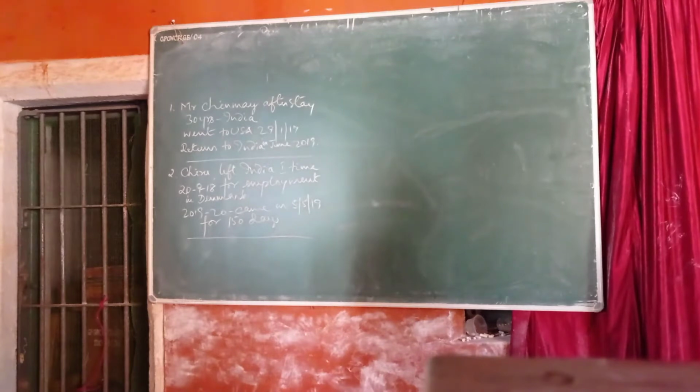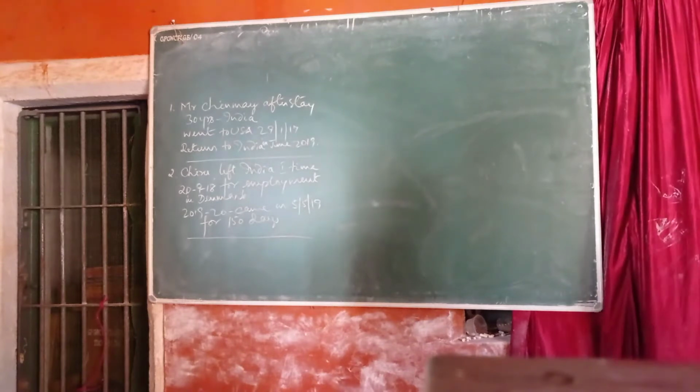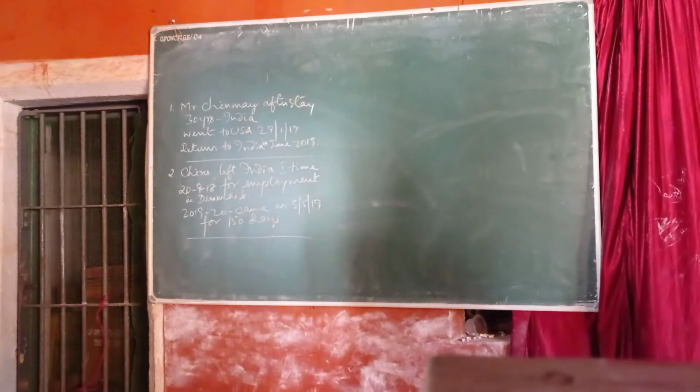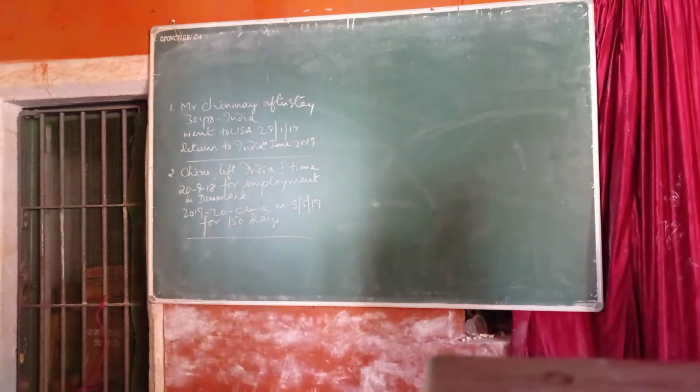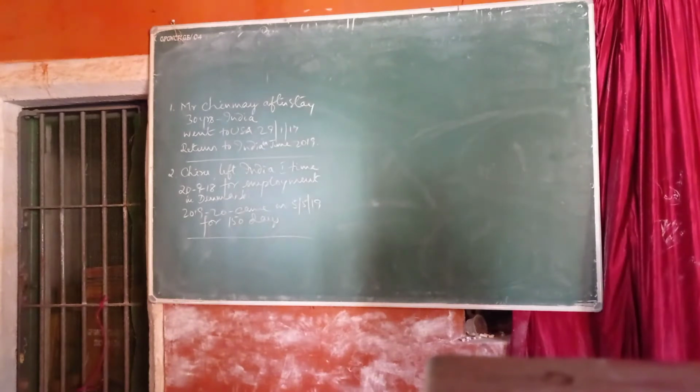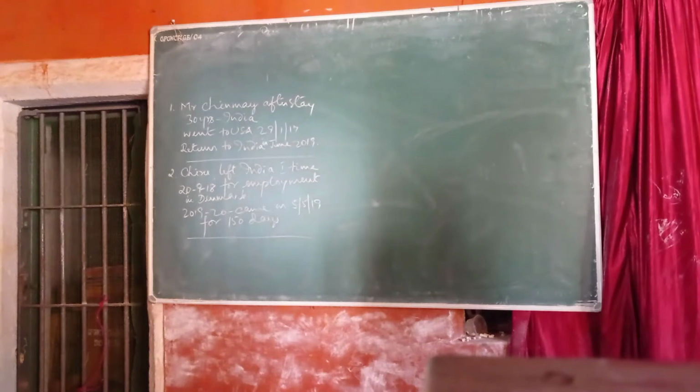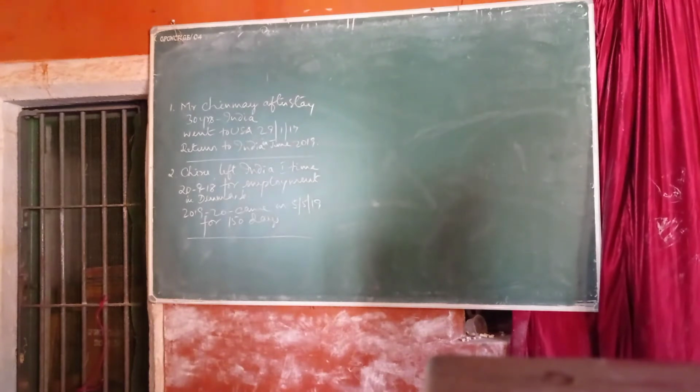So as far as the problem is concerned, in the last class we saw a problem on how to determine the residential status. Today let us see another problem, that is Mr. Chinmay, after staying in India for 30 years, went to USA on 29th January 2017.